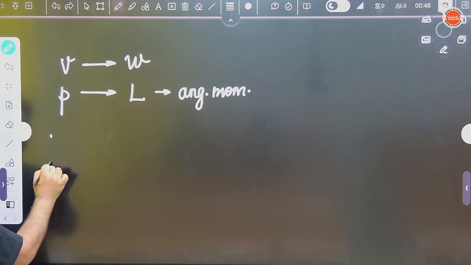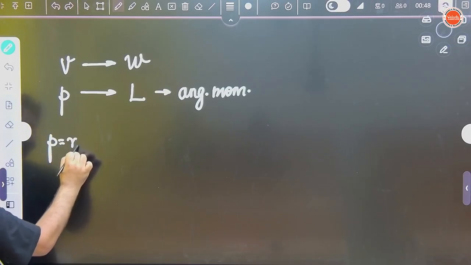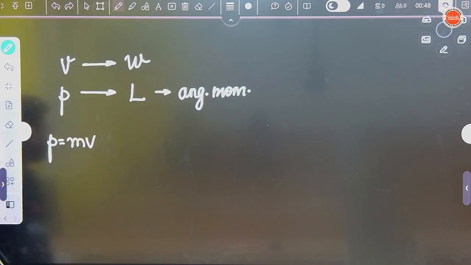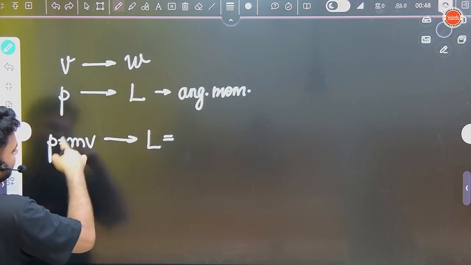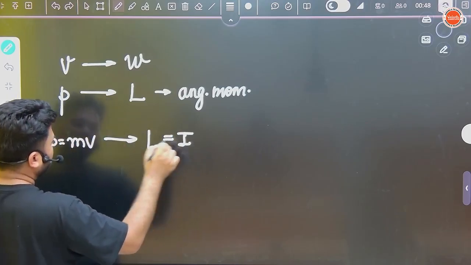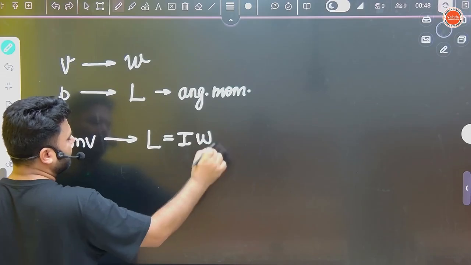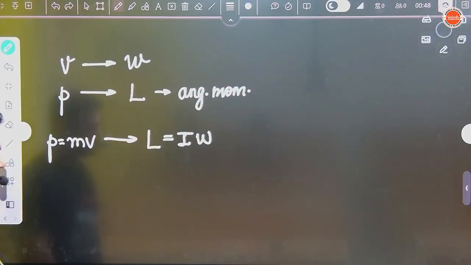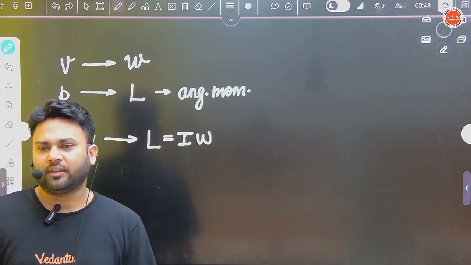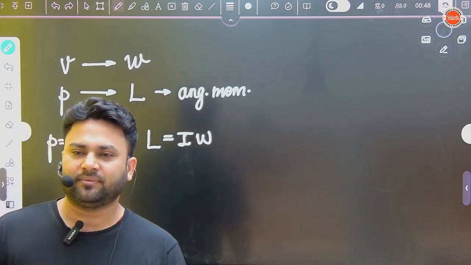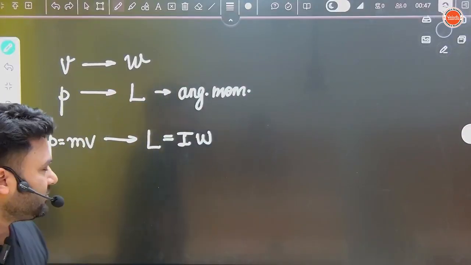What was the formula for momentum? Mass into velocity. So what is the formula for angular momentum? See, mass is replaced by moment of inertia, and velocity is replaced by angular velocity. So you should be able to learn how we replace these in rotation.